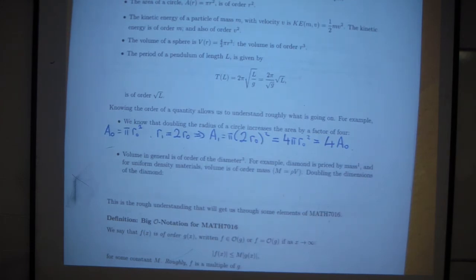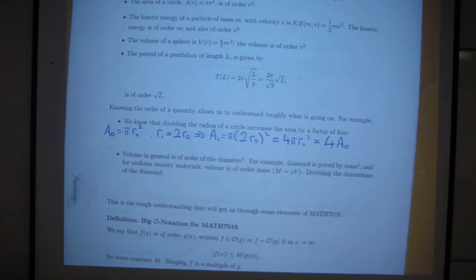A good example of this is, if the crust of a pizza isn't too thick, say you take a 16-inch pizza. Almost everyone would say they could eat a 16-inch pizza. If you halve the radius to an 8-inch pizza, that quarters the area, so it quarters the size of the pizza.